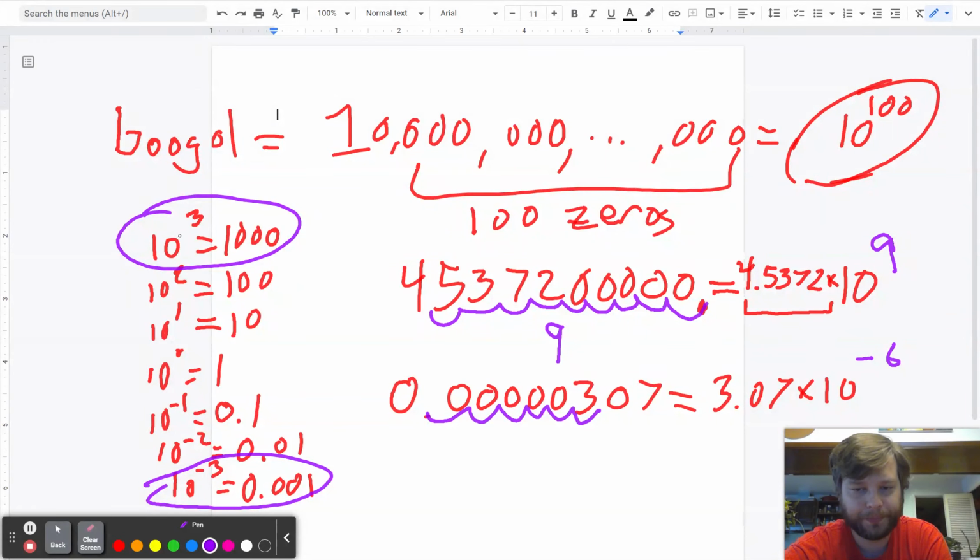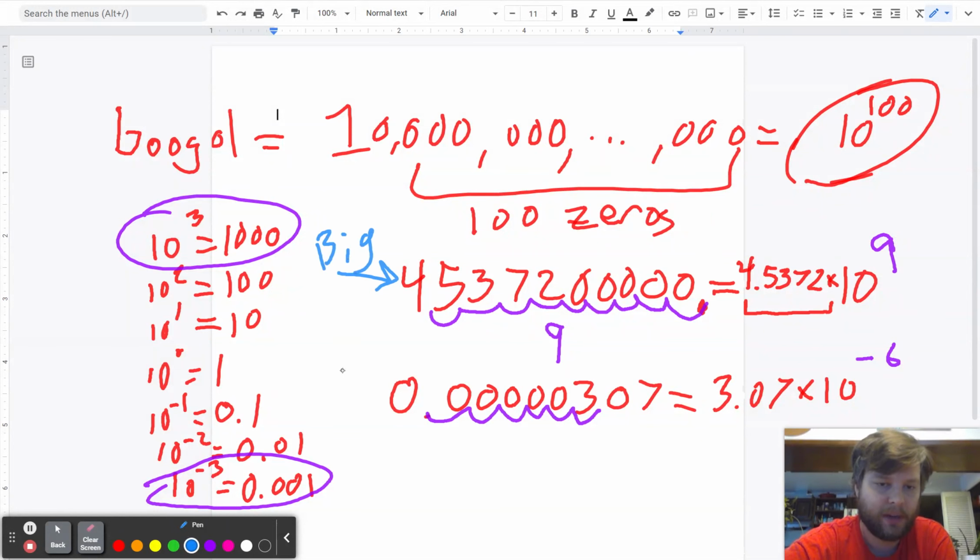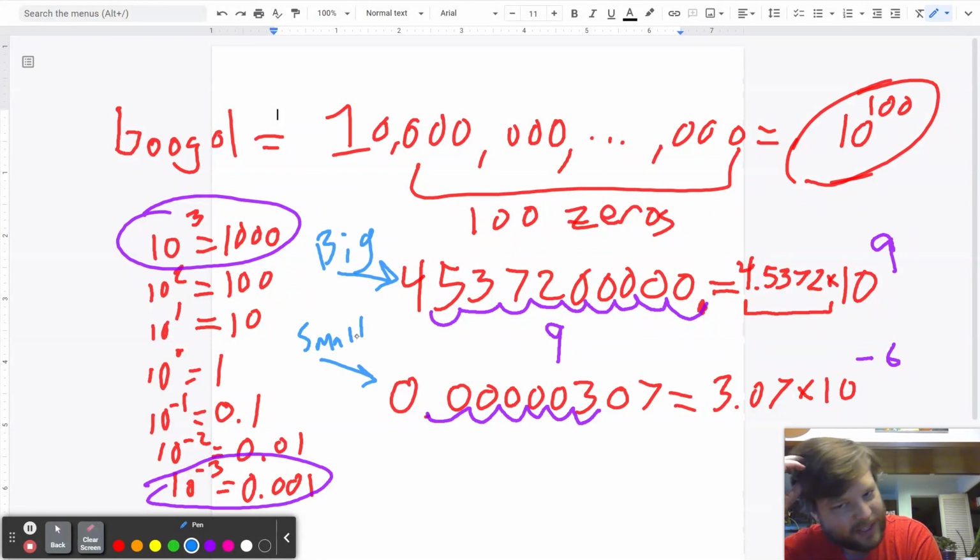Like, for example, if you asked me how many times bigger the big number is than the small number, if I just looked at those numbers, man, that would be really hard to do by hand. Like to use long division or something to divide that huge number by that small number, that would be really annoying.